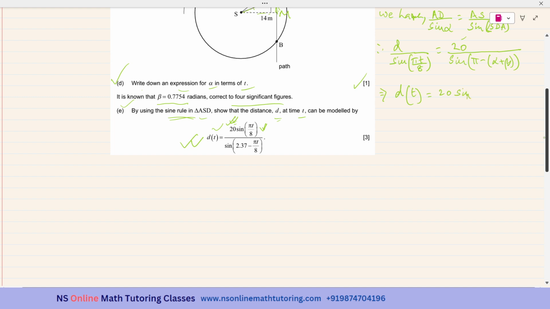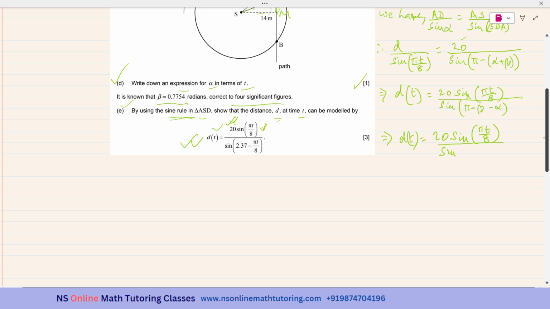I'm multiplying both sides with sine pi t over 8, so sine pi t over 8 divided by sine of pi minus beta minus alpha equals d of t over 20.